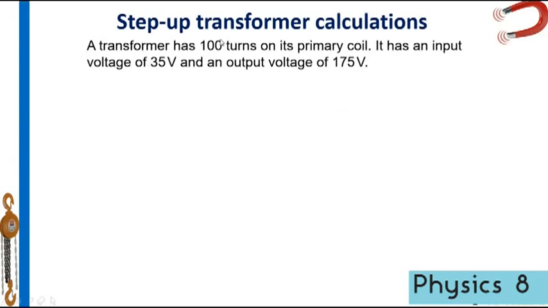A transformer has 100 turns on its primary coil. It has an input voltage of 35 volts and it has an output voltage of 175 volts. How many turns are there on the secondary coil? So let's just go through this one together.